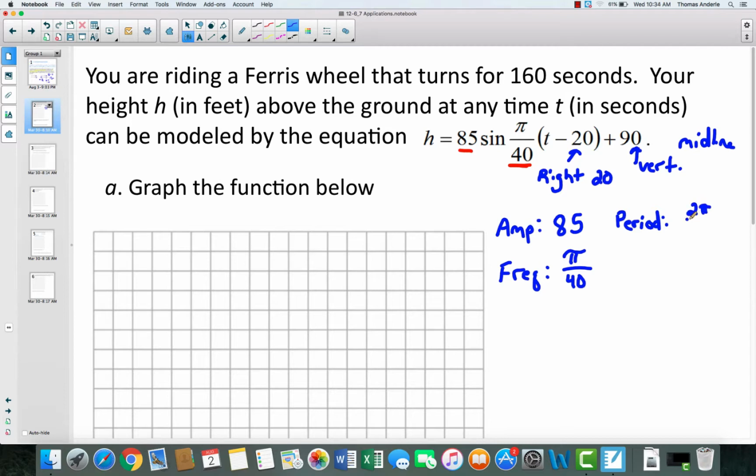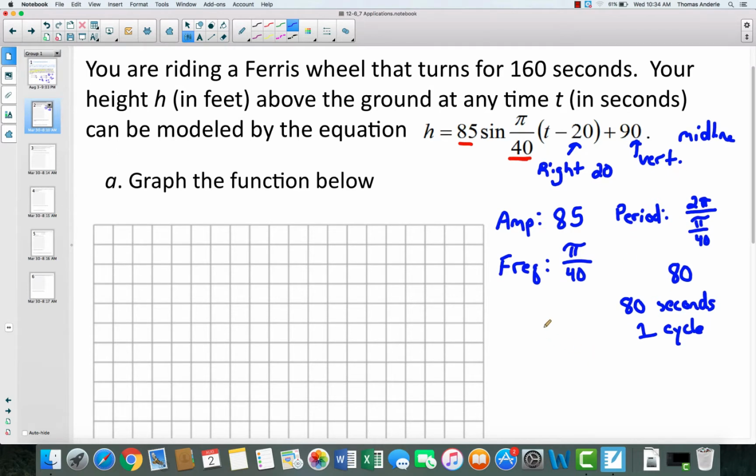So 2 pi divided by pi over 40. You can use your calculator for that, but it's going to wind up being 80. So what that means is that it takes 80 seconds for one cycle. So one rotation of this Ferris wheel is going to take 80 seconds.